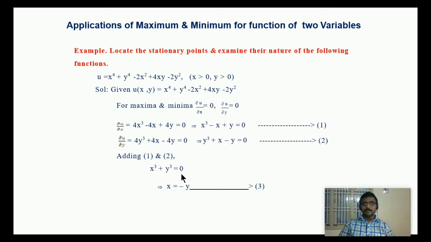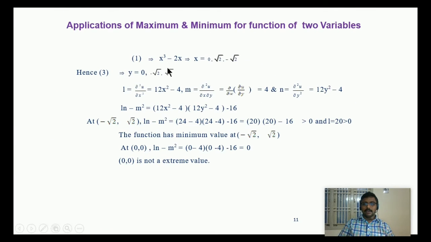Now x cube plus y cube can be written as (x plus y) into (x square minus xy plus y square). The product is equated to 0, which implies that x is minus y. Let it be equation 3. Here we have to consider only real values, so we are neglecting x square minus xy plus y square.